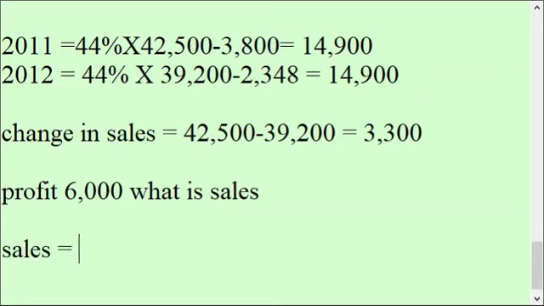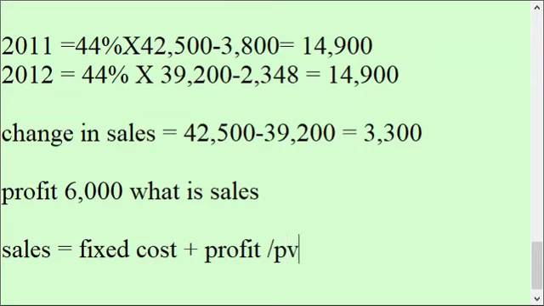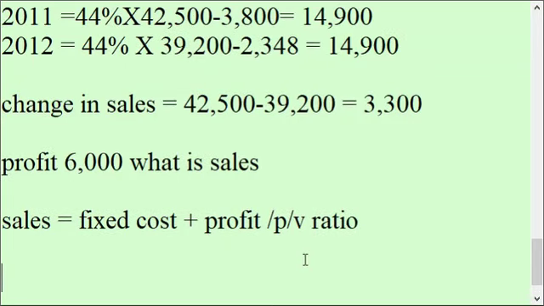So we go for this formula. Sales is equal to fixed cost plus profit divided by PV ratio. In this, fixed cost we have just calculated as 14,900 rupees, plus profit.